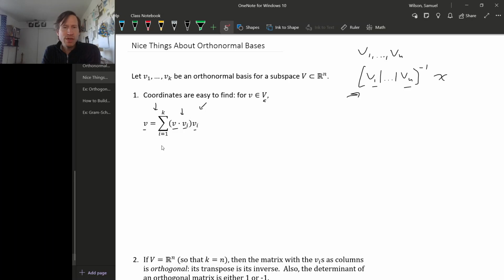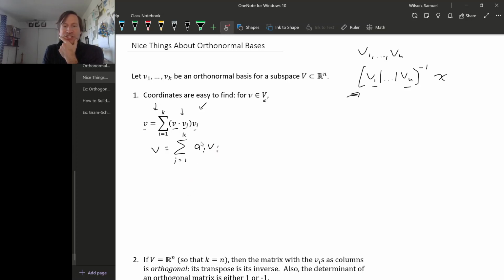So we know that it's possible to write v in terms of this basis. So it's possible to write v as the sum from i to k of a_i v_i.